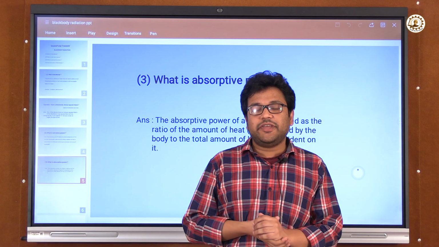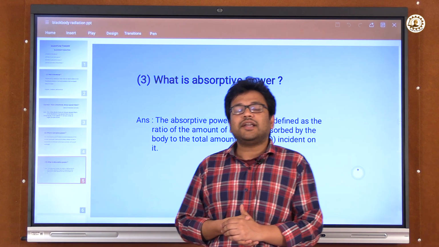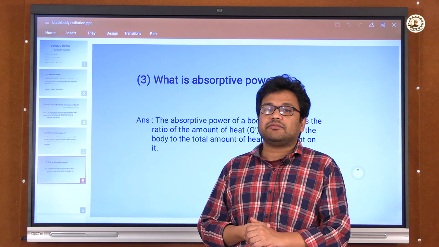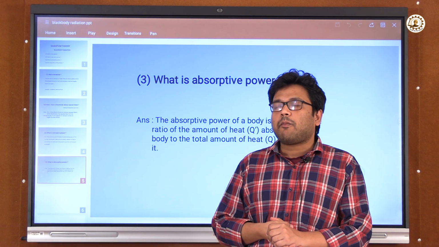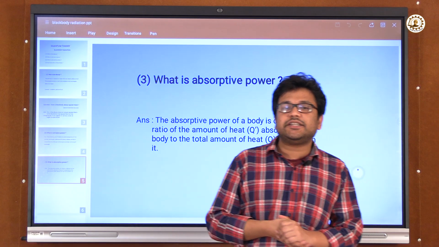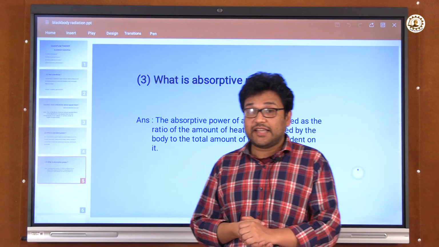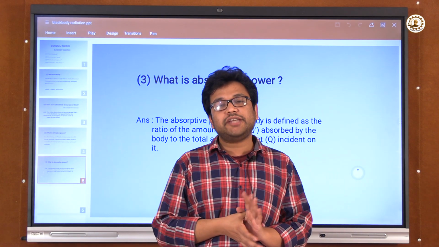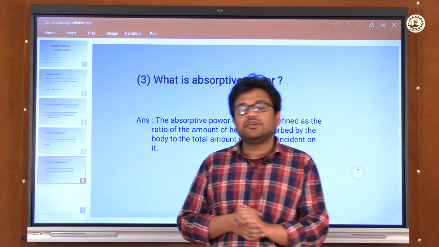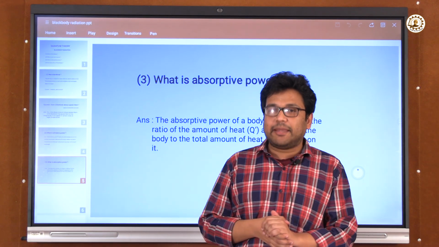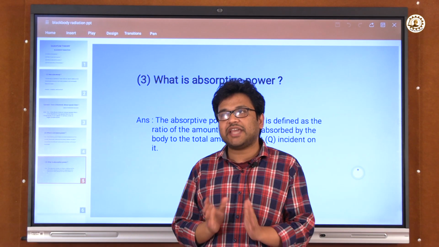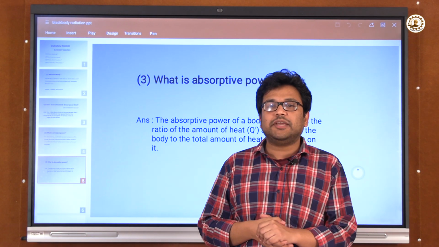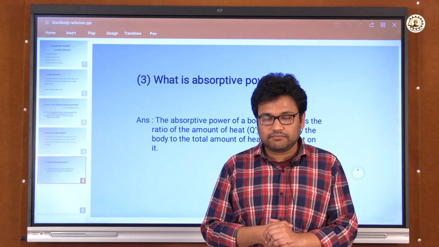Now our next topic is the characteristics of black body radiation. The first point is that the energy density of a black body, that is the energy emitted per unit area per second, completely depends upon the temperature of the body. It does not depend upon the shape or the nature of the black body enclosure.